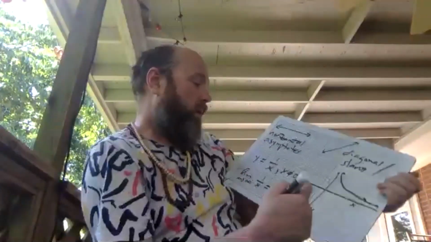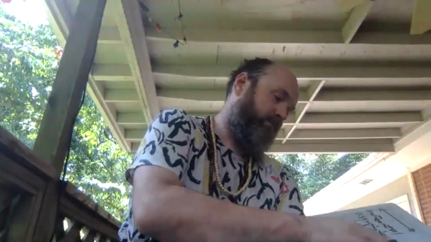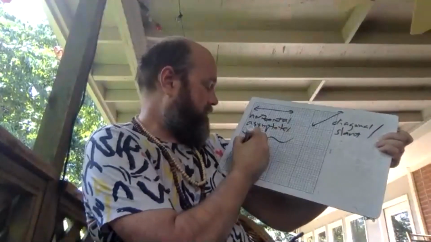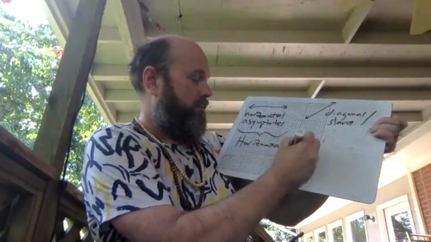And so while vertical asymptotes represent things that feel a little bit like the functions are breaking, like dividing by 0 and things like that, they represent values that you can't put into the function. In fact, horizontal asymptotes, they're good.